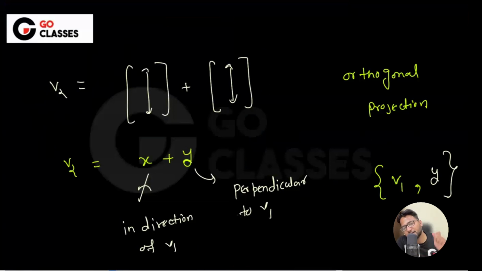So actually it is a very easy process. The idea here is that we want to subtract, because this b2 is x plus y. If we subtract x from this b2, then we will get y. Ultimately, we want y.